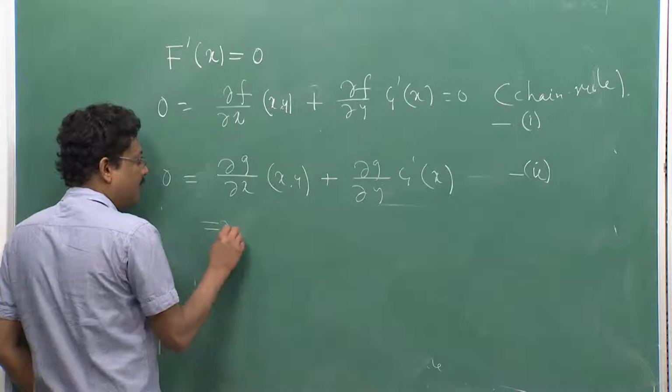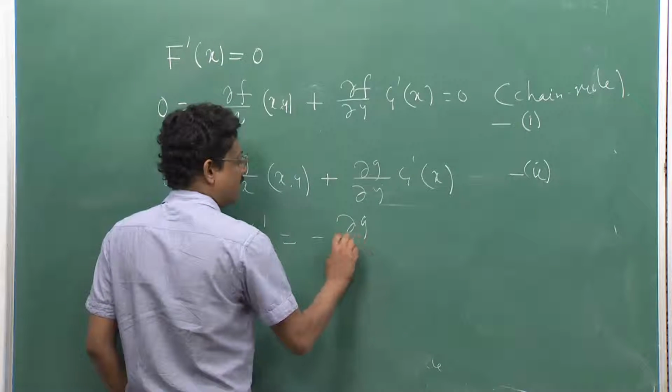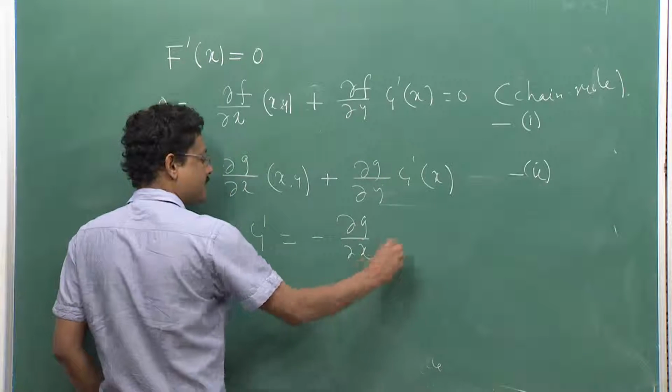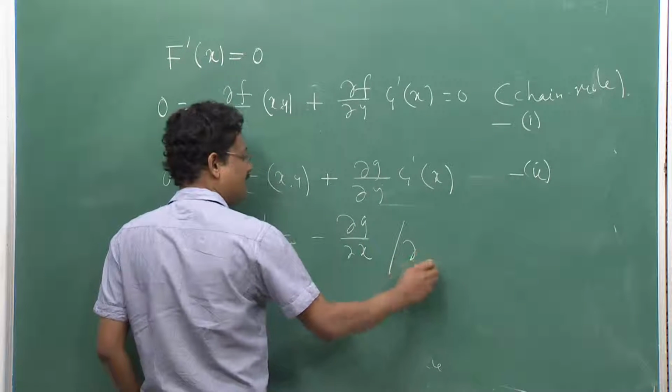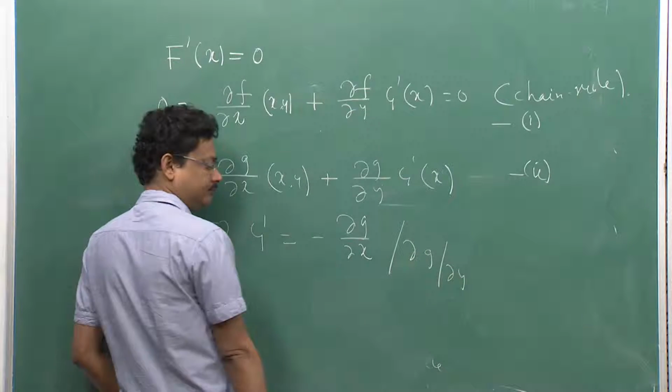This will imply g prime equal to minus ∂G/∂x divided by ∂G/∂y, correct.